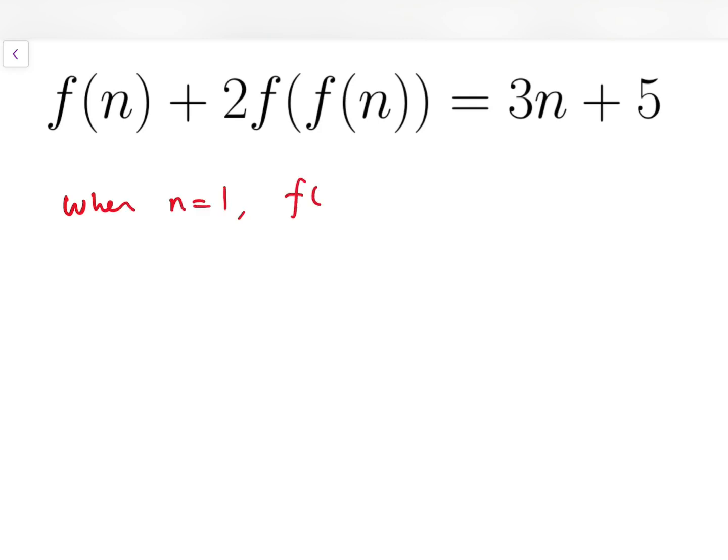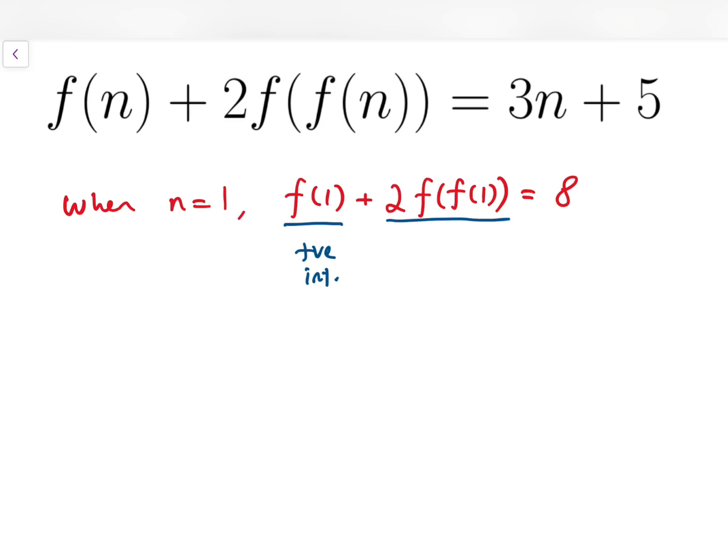we'll have f of 1 plus 2 times f of 1 equals 8. Now from this we can know that this number, since 1 is the output when 1 is put inside the function, and by definition is also a positive integer, and same for this term.